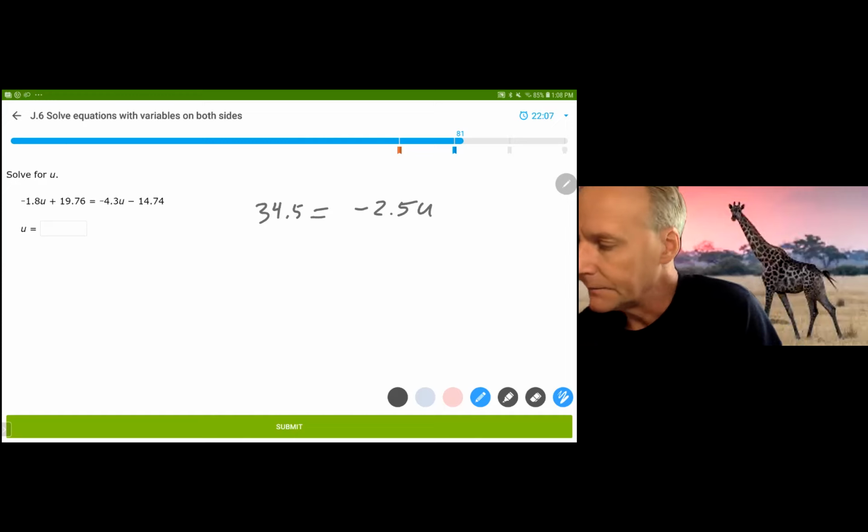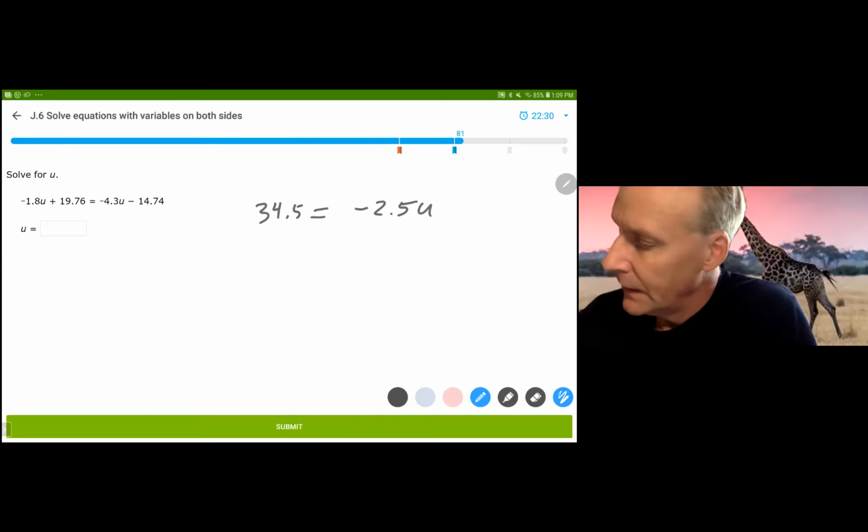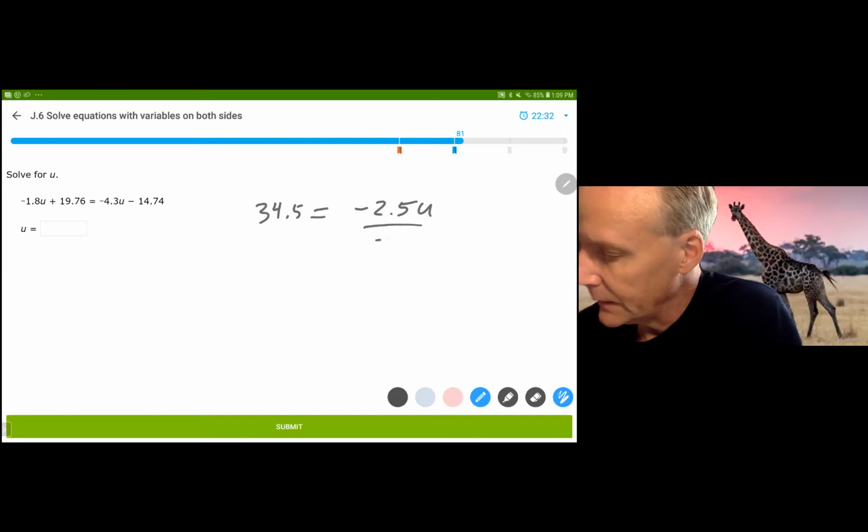So we've got, and that's embarrassing, negative 4.3 plus 1.8 gives us negative 2.5u, and 19.76 plus 14.74 is 34.5. And we're going to divide by negative 2.5.